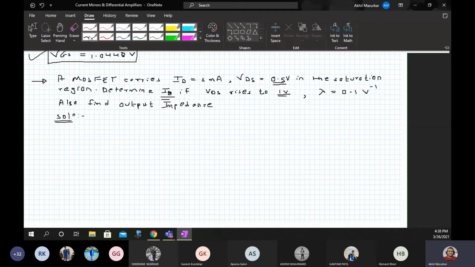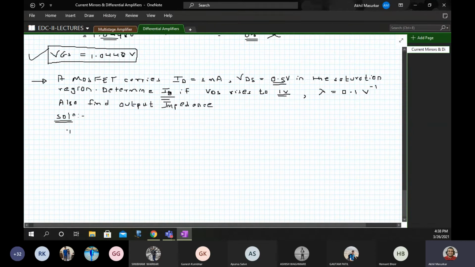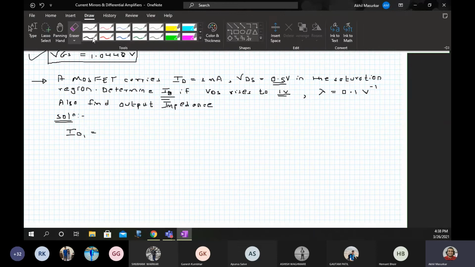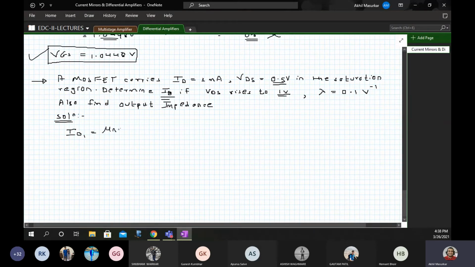So we know certain things now. Let us say that first ID1 is mu n COX W by L by 2 into VGS minus VTH the whole square into 1 plus lambda VDS. So here I am considering this 1 plus lambda VDS, because lambda is given to us, it is not equal to 0.